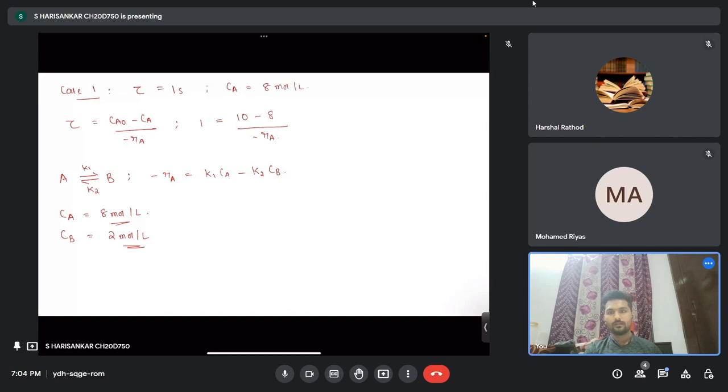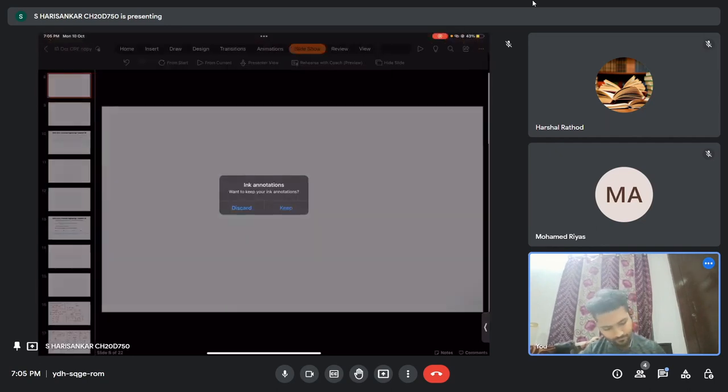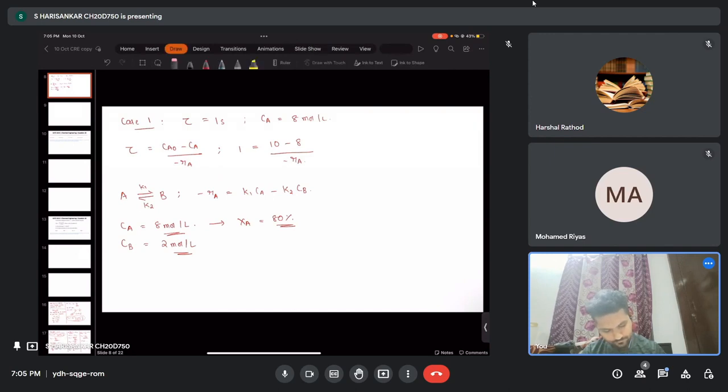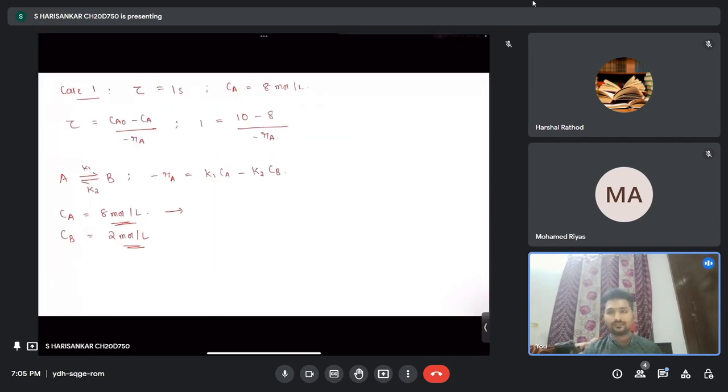How we found this is, we can find the conversion Xa from the values of Ca and Ca0. Ca is equal to Ca0 into 1 minus Xa.